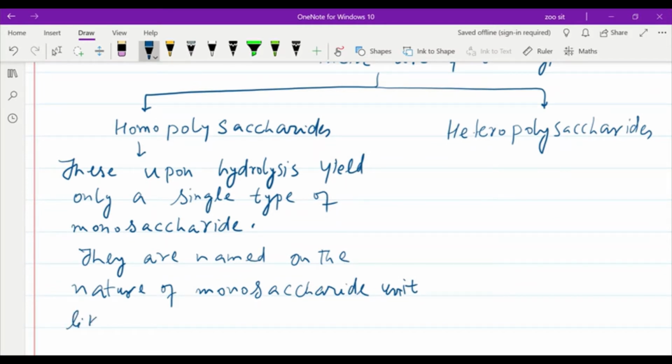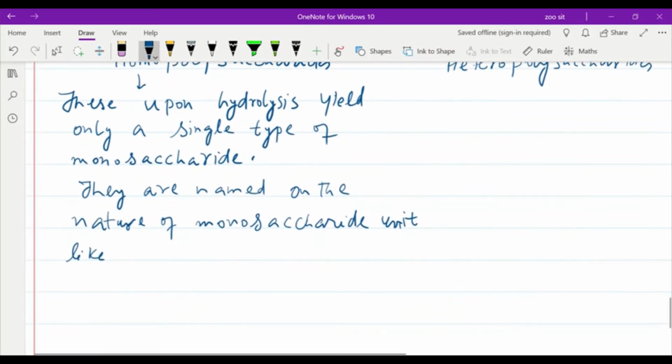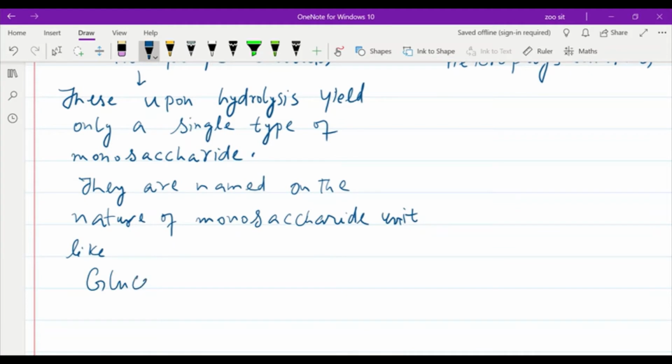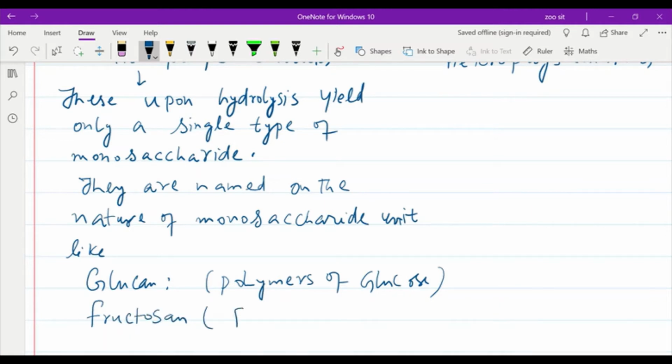For example, they are known as glucans, or polyglucans, if they are polymers of glucose, and fructosans if they are polymers of fructose.